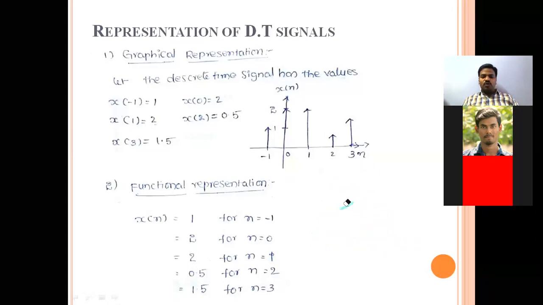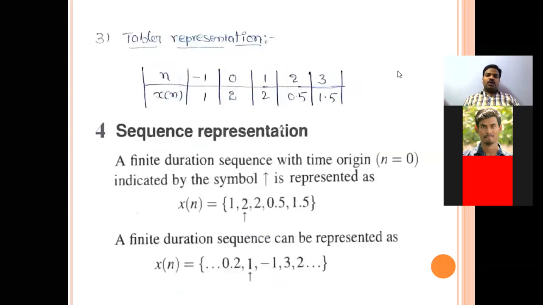In tabular representation, at n is equal to -1, 0, 1, 2, 3, x of n is equal to 1, 2, 2, 0.5, 1.5.